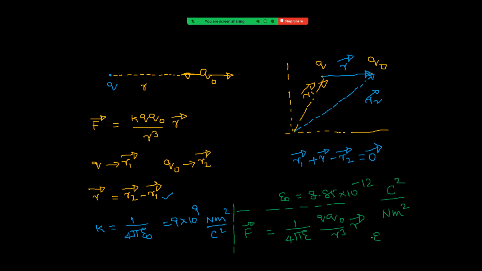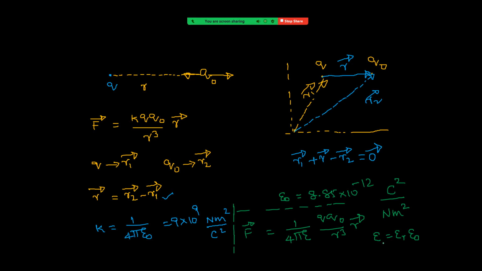I am repeating, epsilon is the permittivity of medium and its value is epsilon R into epsilon naught. And we know what epsilon naught is. Coming to epsilon by epsilon naught, it means the ratio of permittivity of medium to permittivity of free space.